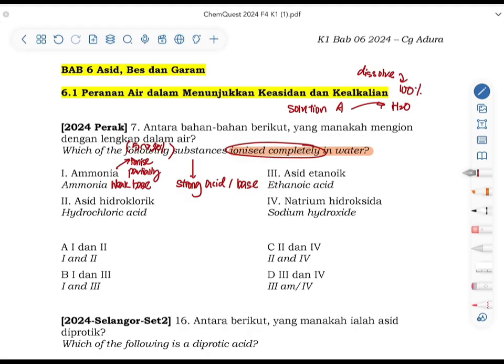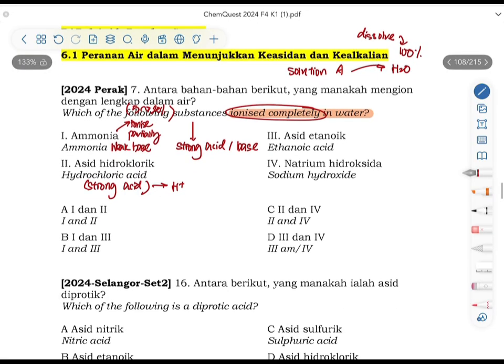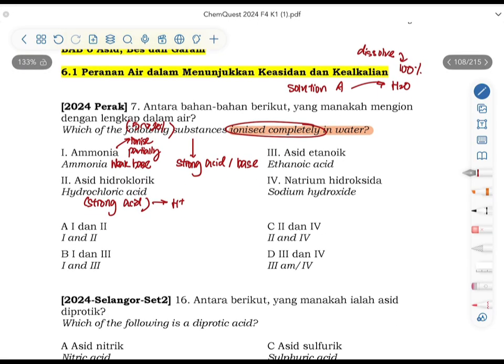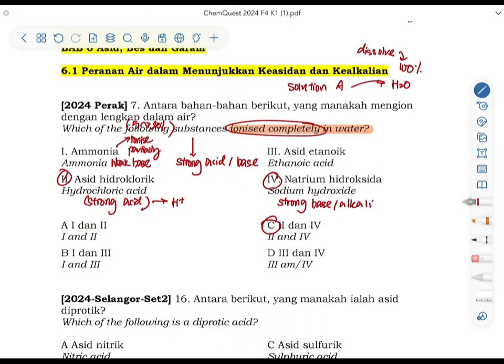Hydrochloric acid is a strong acid, so it can ionize completely in water to produce the hydrogen ion. For acid, it will ionize in water and produce hydrogen ions. Ethanoic acid is a weak acid, so it will not be the answer.